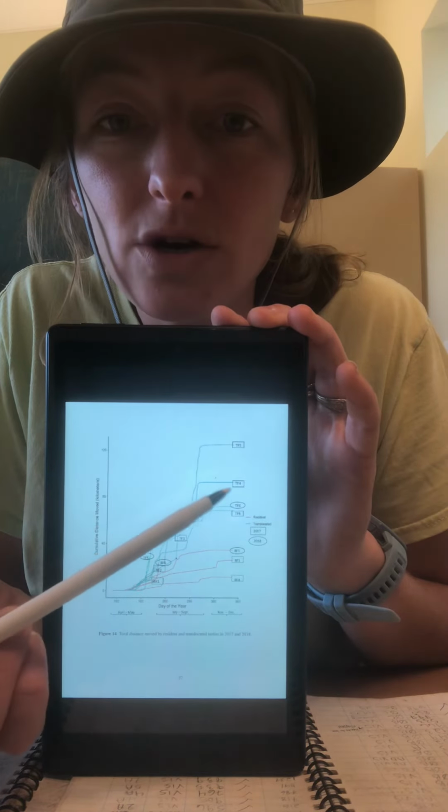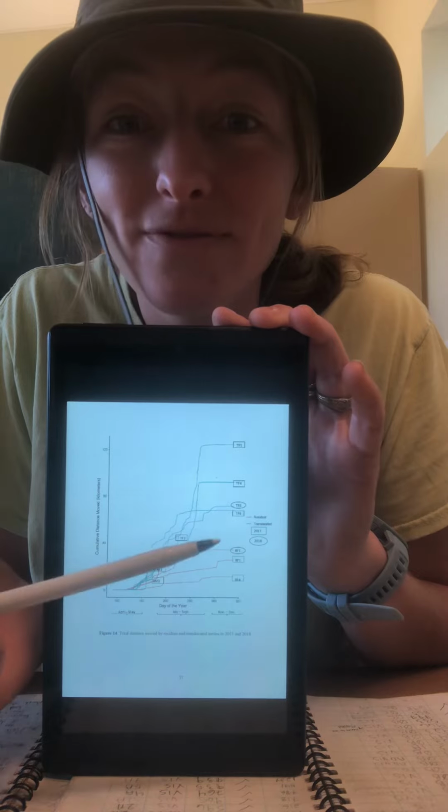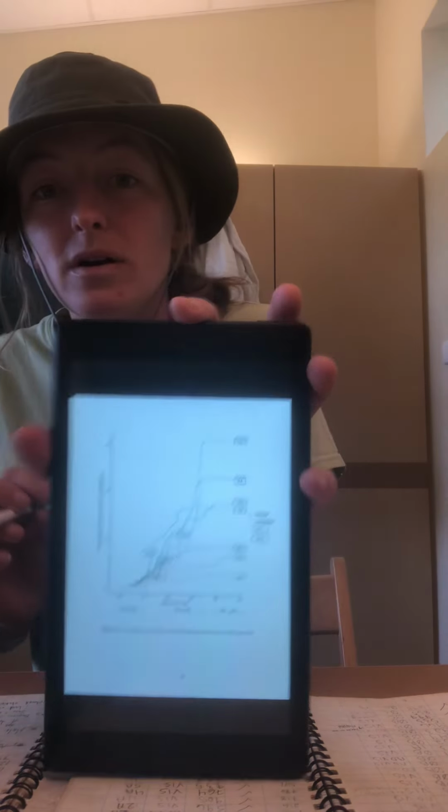And then these plateaus are showing them being inactive during the winter. So yeah, the conclusion from that is that translocated turtles moved a lot farther than resident turtles and explored a lot more of the river. Whether they were looking for suitable habitat or whether they were trying to get home is kind of left up to interpretation.